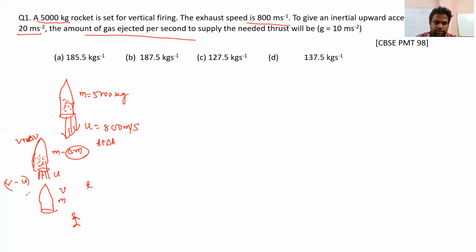Then from conservation of momentum, we can write that the initial momentum mv is equal to the total momentum after time t. So after time t, the mass of the rocket becomes m minus delta m, and the speed of the rocket is v plus delta v.